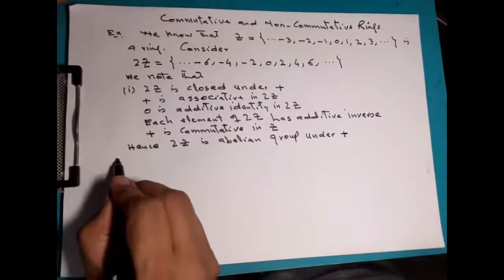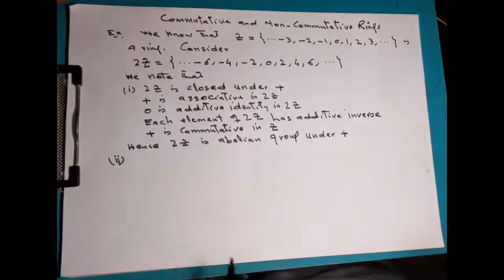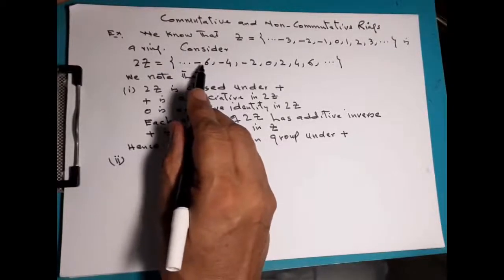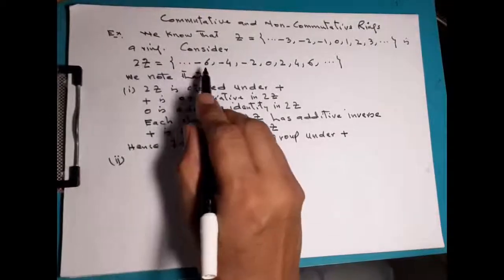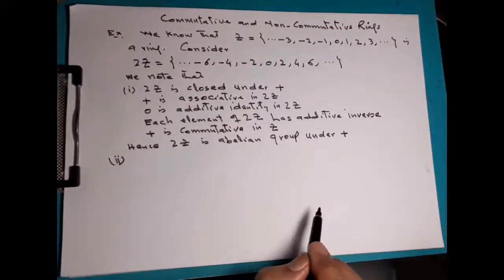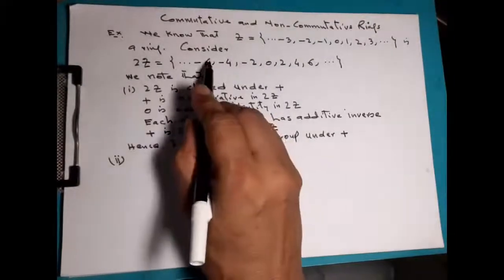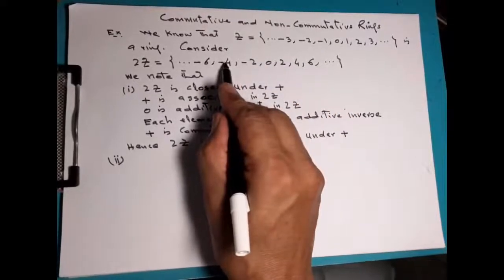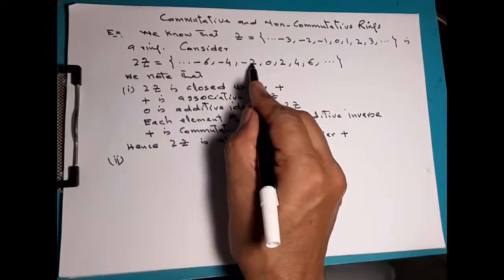We also note that 2Z is closed under multiplication, because when you multiply an even number with an even number, the result will be an even number. Minus 4 into minus 2 will be equal to plus 8.